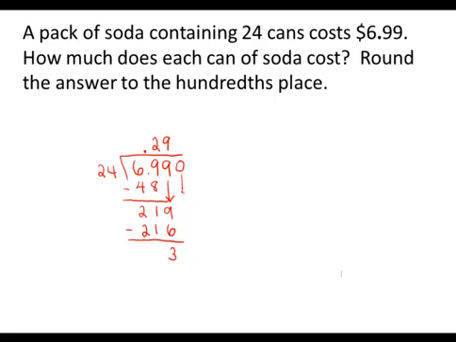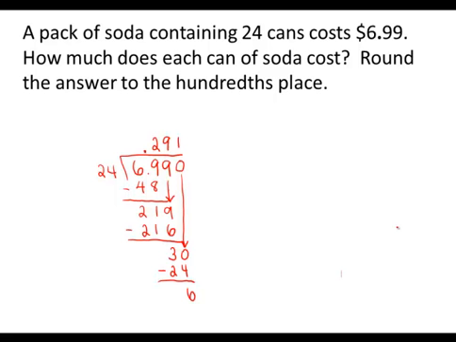Add a 0 and bring it down. 24 goes into 30 once. That's 24 with 6 left over. This is far enough for us to go in our division problem because we're asked to round to the nearest hundredths place.